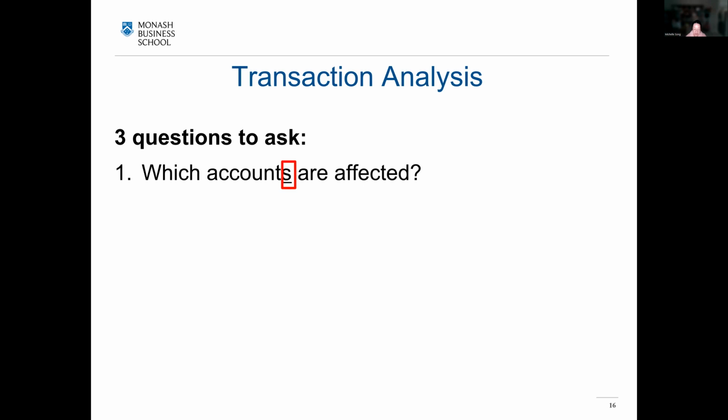It means that it has to be at least 2 accounts, 2 effects. It cannot be just 1 account. It cannot be just 1 effect. It has to be 2. It can also be 3. It can also be 4. It can also be 6. But it has to be at least 2 accounts affected.